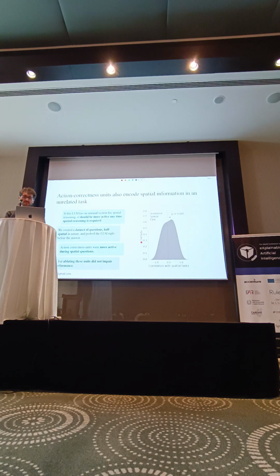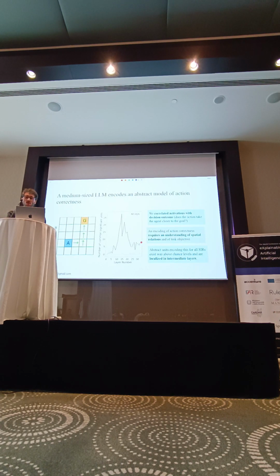If, for example, we see here, in the thousands and thousands of units in the model, we found a few hundred in total that are representing space robustly and abstractly. So it's likely that if you were to fine-tune the model to represent this space and to navigate it, this would get stronger, you know?